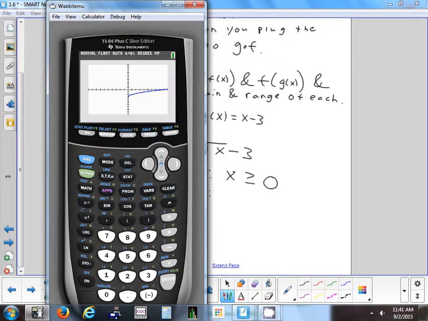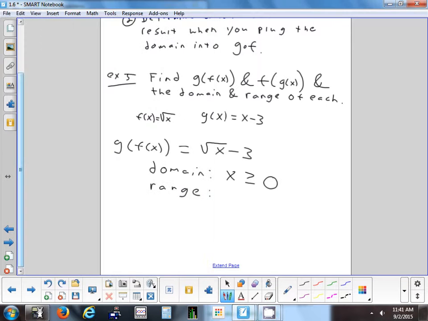It's kind of hard to tell, but if you graphed it on yours, how low does it look like that blue line is going? Negative 3. Yeah, it will go down to negative 3. In fact, if you plug in 0, you get the square root of 0 is 0. 0 take away 3 is negative 3. So the range is going to go from negative 3.